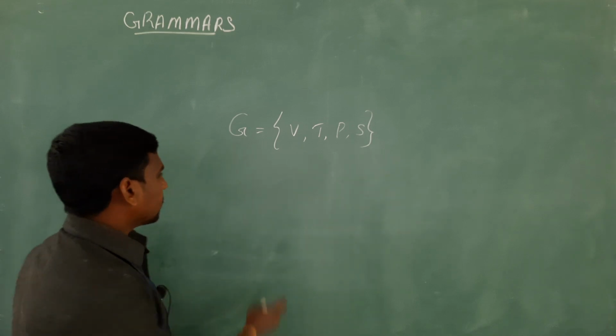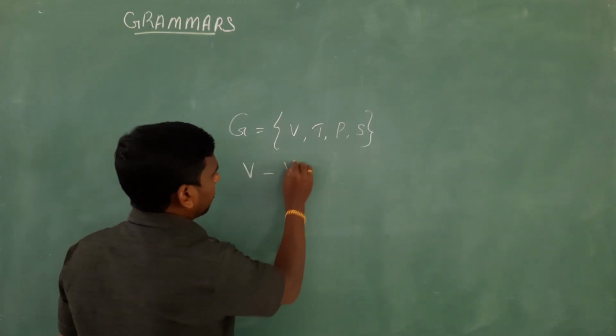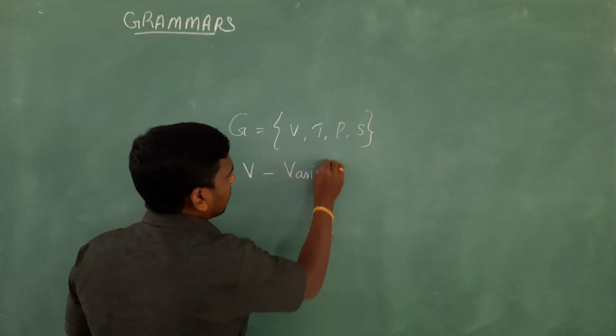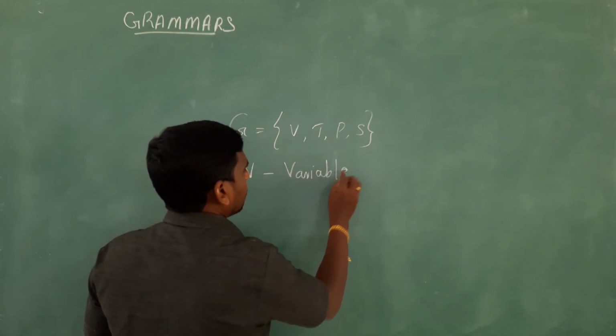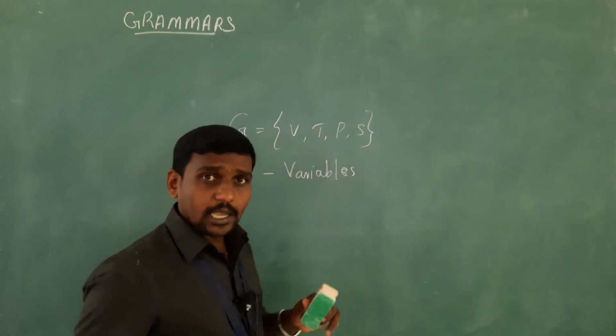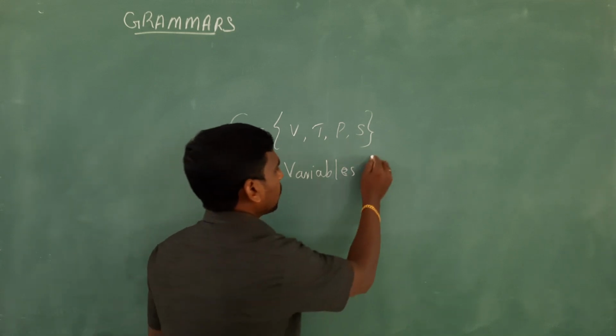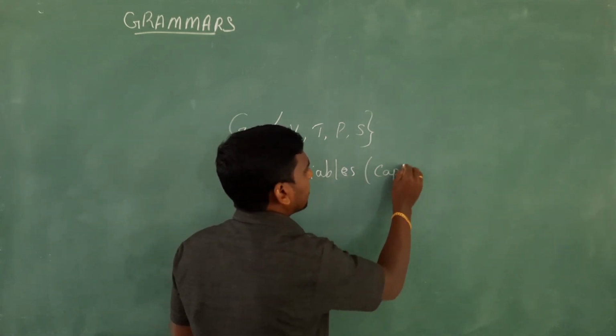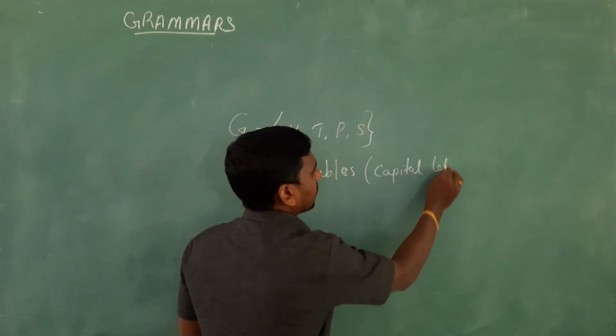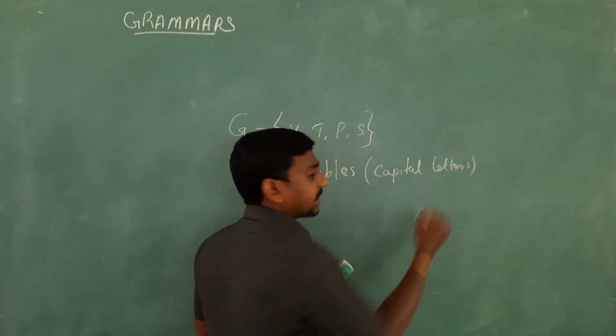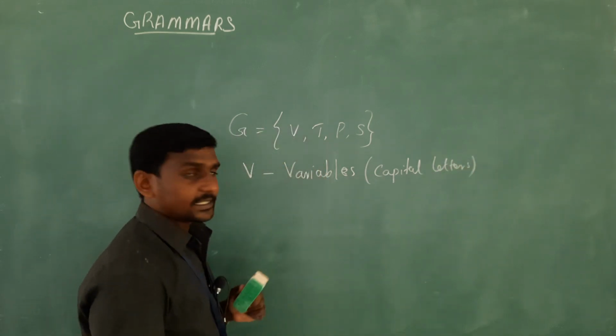So what is V? V is variables, and variables are capital letters. I will give you one example.